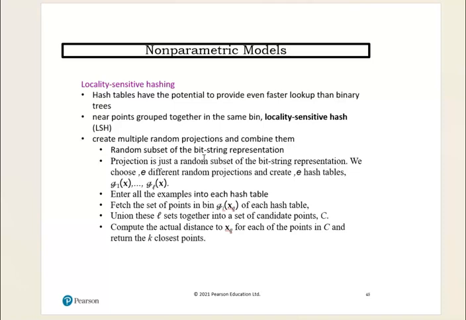Then when a new data point comes in, we only have to look for neighbors within the bin of that data point. We don't have to survey the entire training set. So that's why we call it locality sensitive hash, because it's a hash that is focused on local bins.